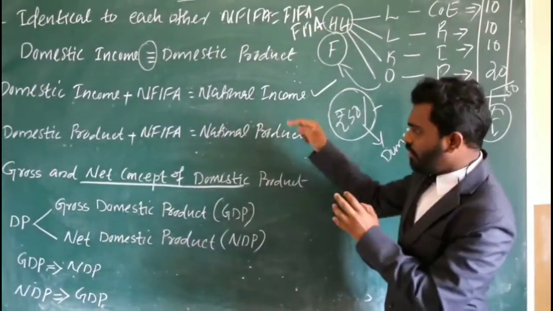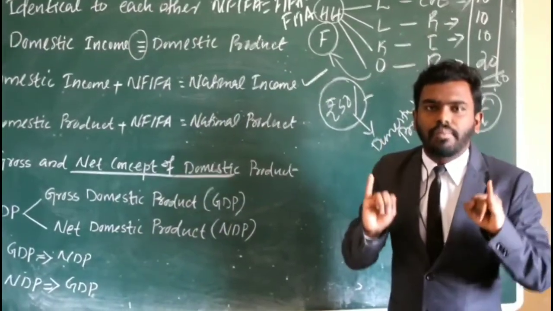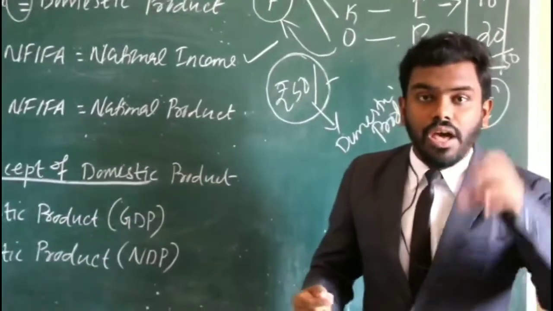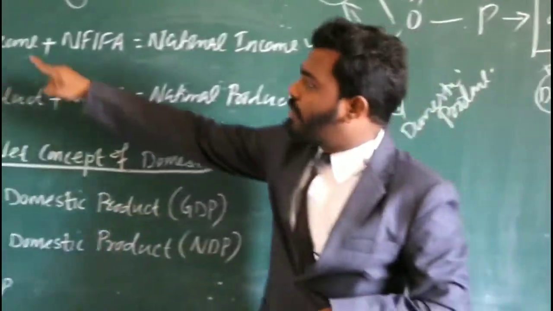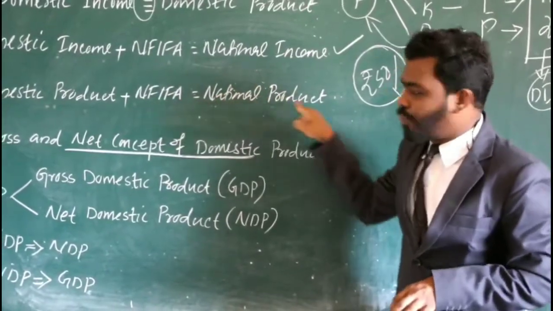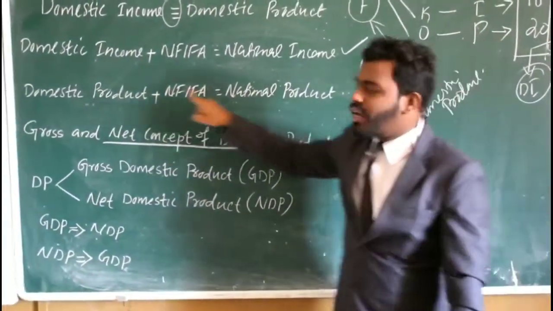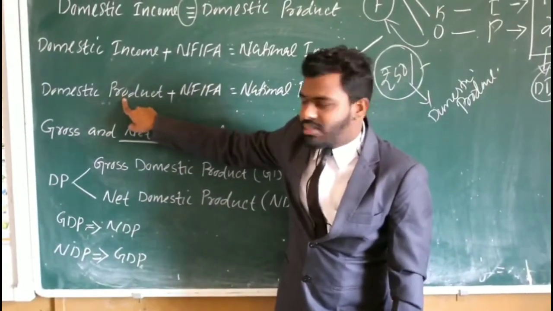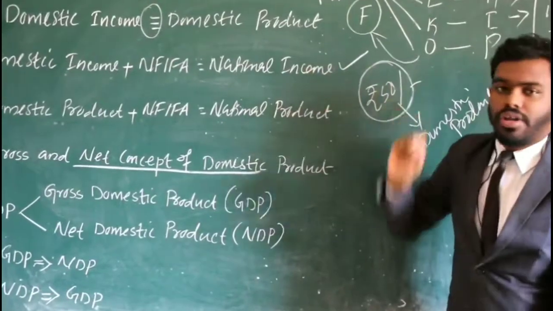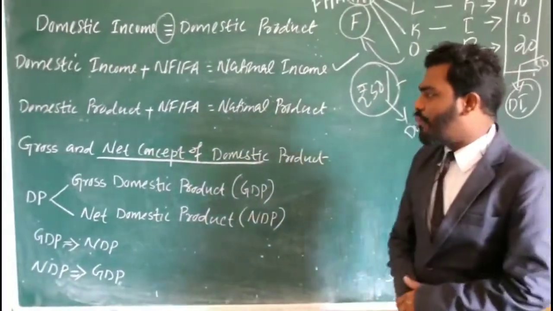From this part onwards, instead of calculating domestic income and national income, we will calculate domestic product and national product. Keep in mind, domestic product is equal to domestic income and national product is equal to national income. Got it?